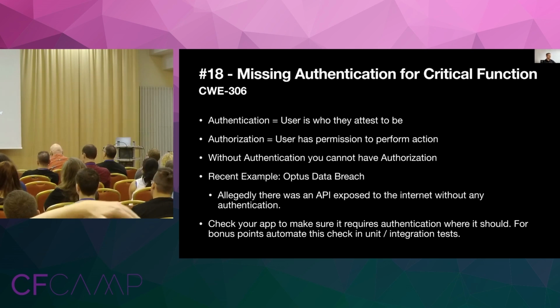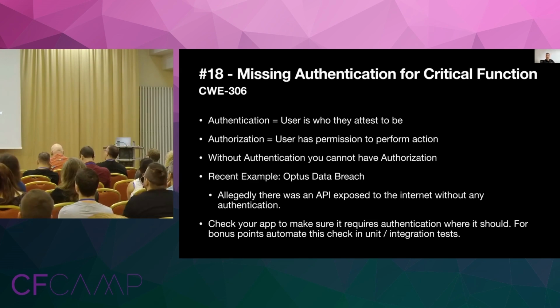This is something we see a lot: the developer just forgot to put any sort of authentication on some resource. This happens quite a bit with S3 buckets that are just wide open, or even certain APIs that don't have any sort of username or password protection.